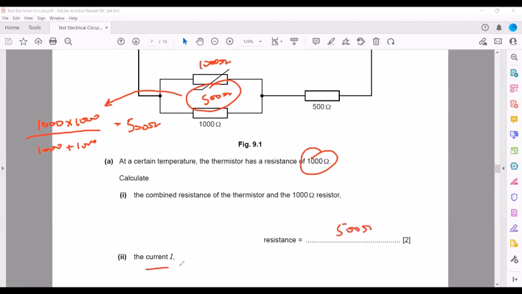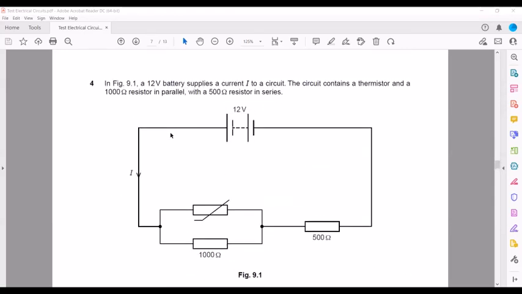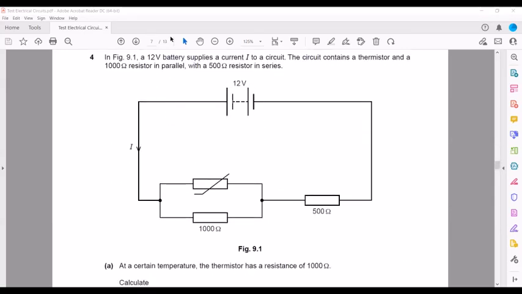Then we need the current in the circuit. If we need the total current, we have the formula V equals IR, so V over R is equal to I. V is the total voltage, which is 12, and R is the total resistance of the circuit.